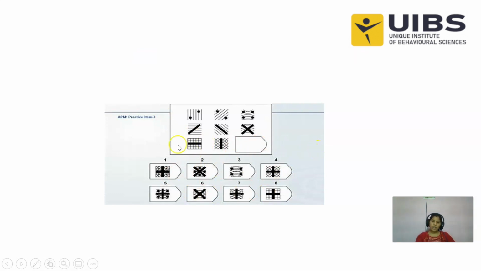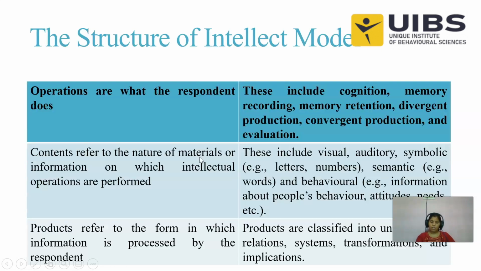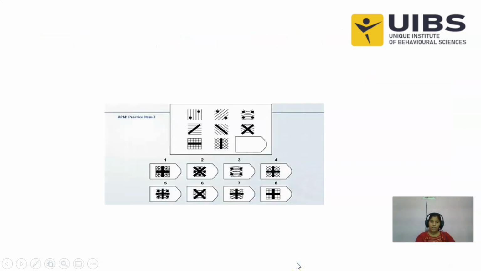So when the person is solving this kind of problem, we can explain with the help of the structure of intellect model how people are solving the problem. First, operation means thinking, perceiving.